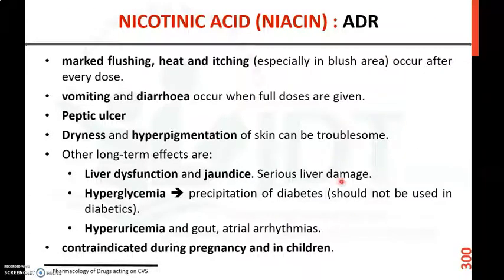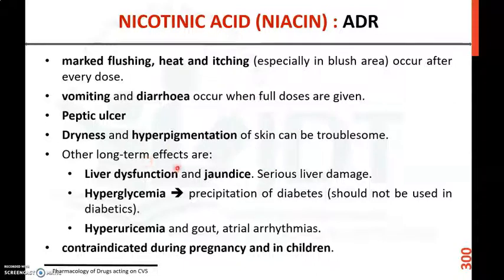Now coming to the adverse drug reactions, it may cause marked flushing and heat and itching after each dose of nicotinic acid, and it may cause vomiting, diarrhea as well as peptic ulcer in the GI tract, and dryness and hyperpigmentation in the skin.